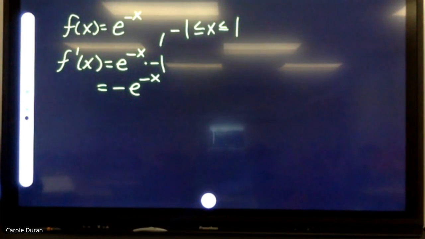Is that the same thing as -1 over e to the x? Yes, it's exactly the same. Okay, so for step 1, we need to look for what value or values is going to make this derivative equal 0.